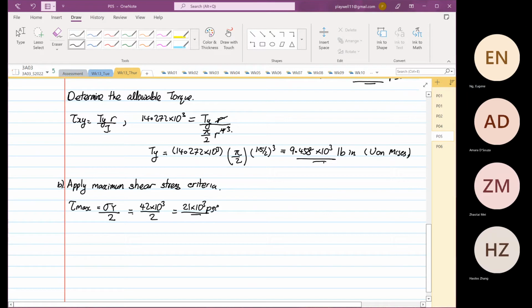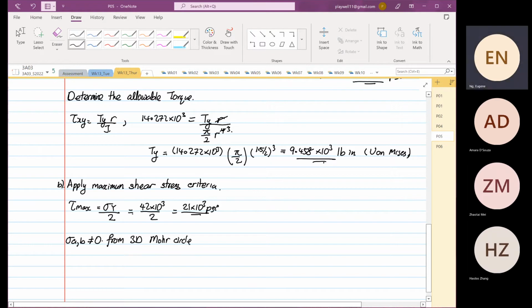Okay. So we know that stress A and B are not equal to 0, and this is from the 3D Mohr circle.